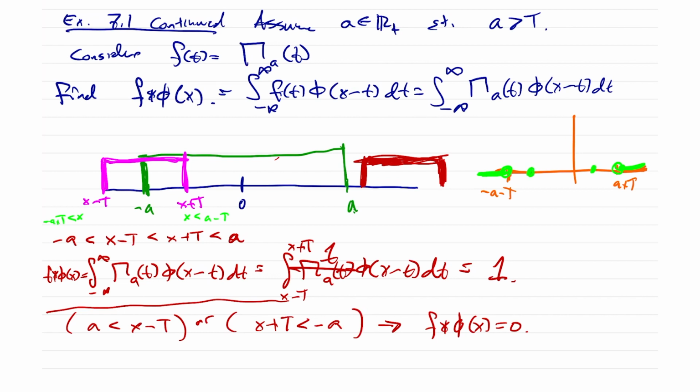So this is negative a plus t, and this is a minus t, so we're just going to be 1. Let's keep that symmetric. Let's move this dot over. Can I move that dot over? There we go.